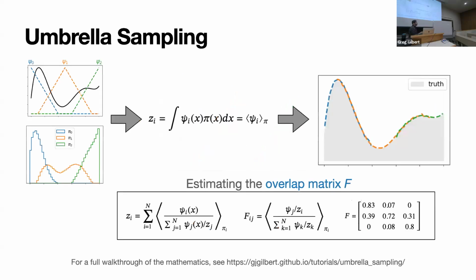So this is where the mathematical trickiness comes from: we need to basically calculate the integral under each of these regions. And the problem is that we have our samples that we've obtained under the umbrellas entering in on both sides of the equation.